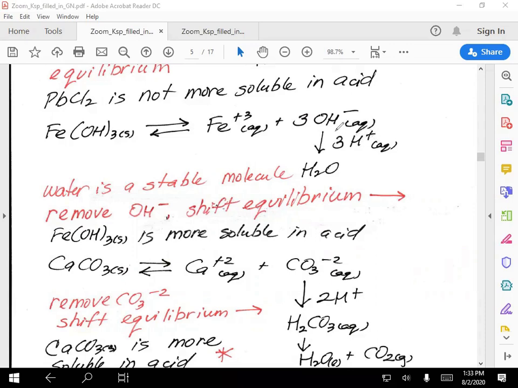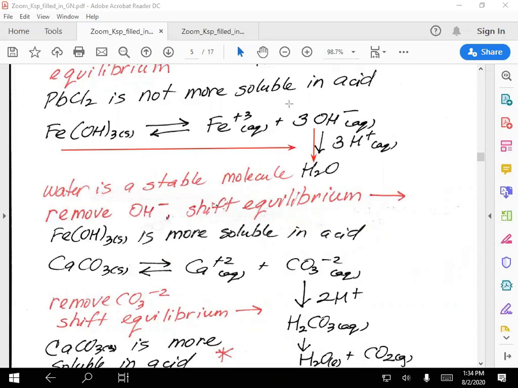It will combine with the hydroxide to give us water. Water is a stable molecule. So we only are going this way, which means we are, according to removing a product, we are going to shift the equilibrium this way.